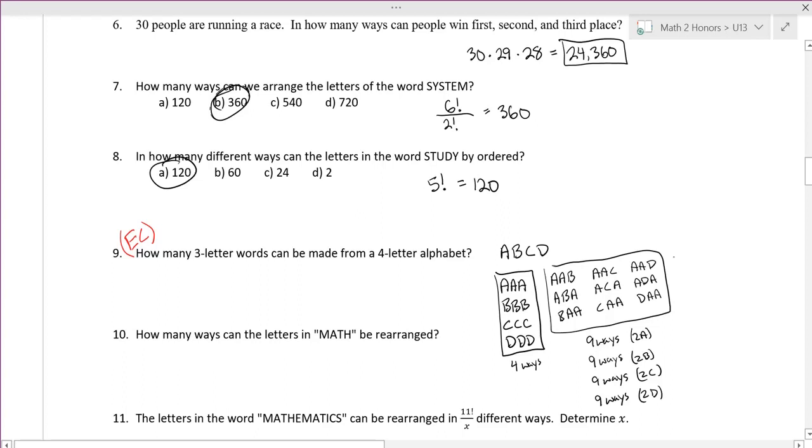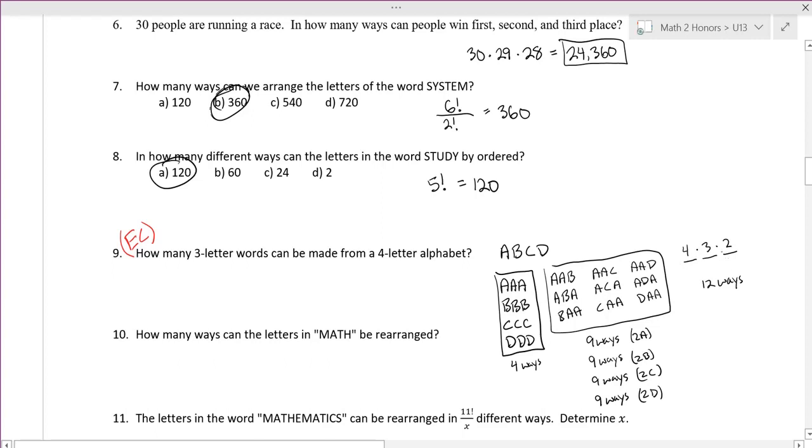And then 1 of a kind, so you can't repeat anything. And this one's a little easier for us. If we're going to pick 3 things and we can't repeat, we have 4 options for our first letter. It could be an A, a B, a C, or a D. We have 3 options for our second, and we have 2 options for our third. So there are 12 ways to have no repeating letters.